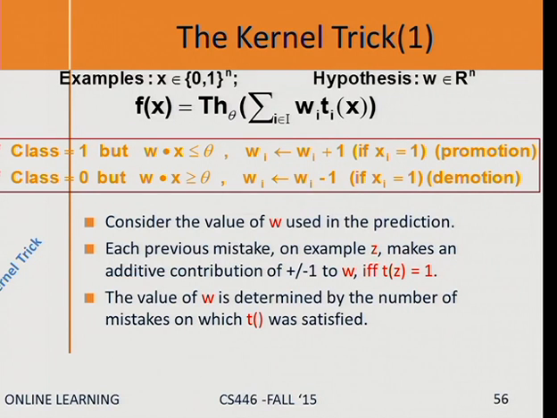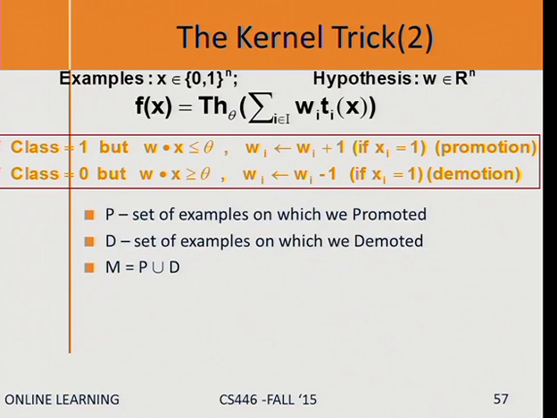So really the value of w is determined by the number of mistakes on which t_i was satisfied. More specifically, let's write it explicitly now. Let P be the set of examples on which we promoted, D the set of examples on which we demoted, and M the set of examples on which we made mistakes.